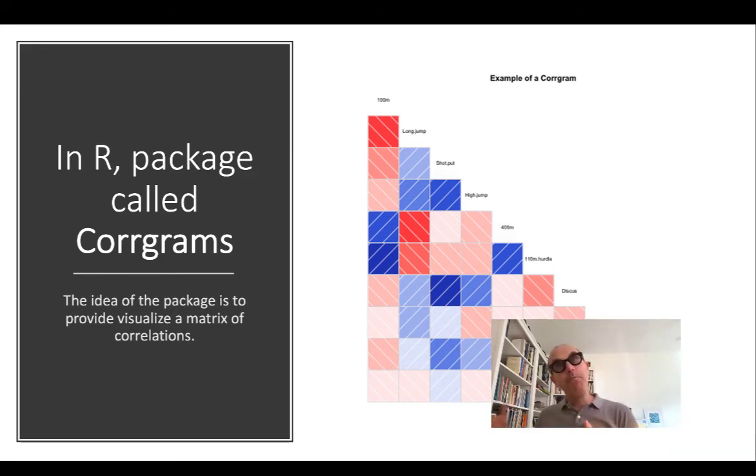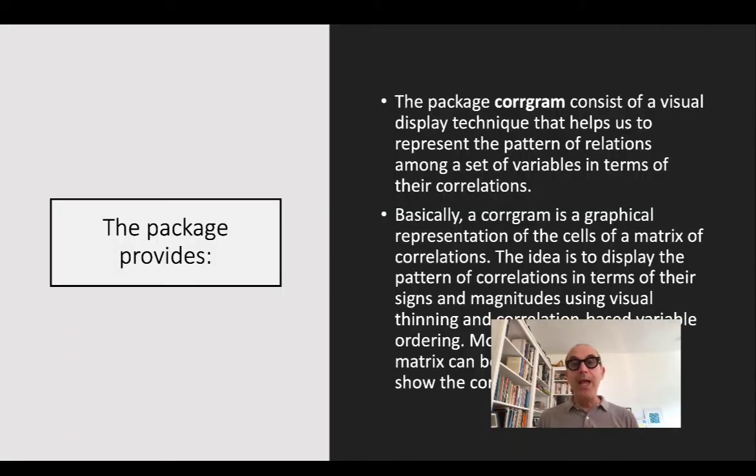I'm going a little bit beyond ggplot2, and I'm going to talk about one of the most popular packages also in R, called corrgrams, which gives the ability to have a matrix of correlation. In this case, this is the example, and the package provides techniques that allow us to apply correlation analysis not to a single variable, but to multiple variables.